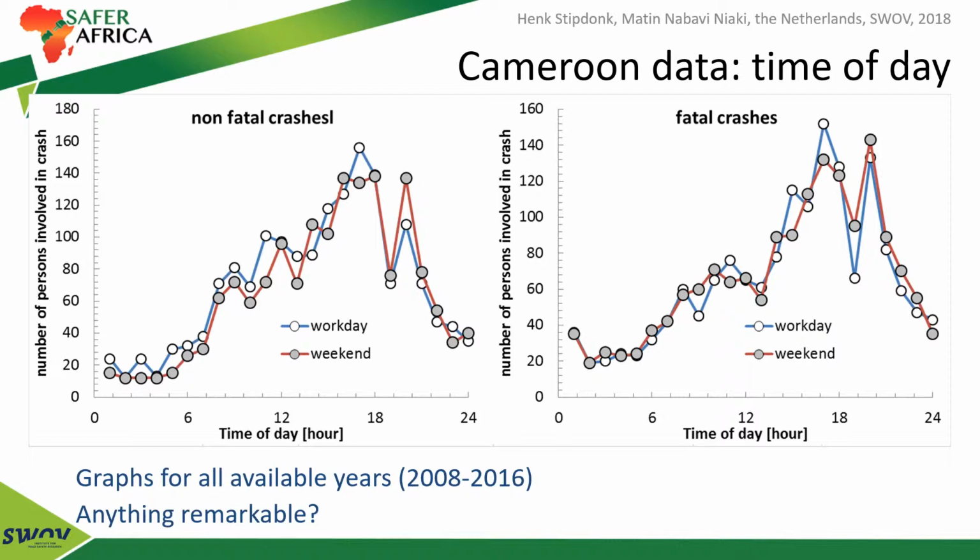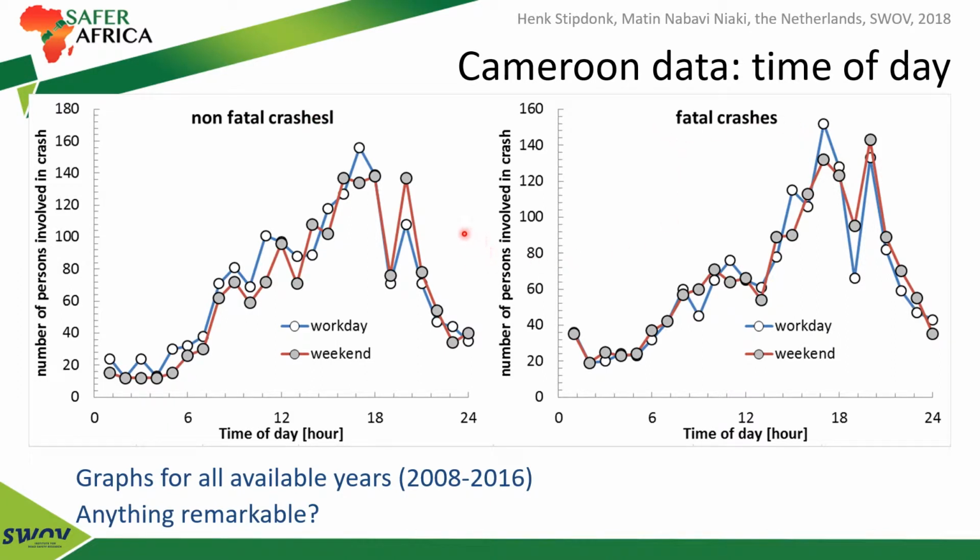So one of the first things you can see is that the distribution of the number of crashes over the hour of the day is virtually the same for non-fatal crashes to the left and fatal crashes to the right.